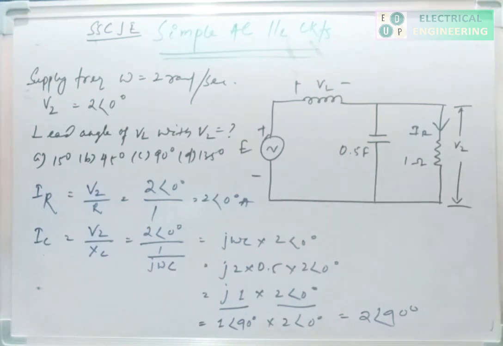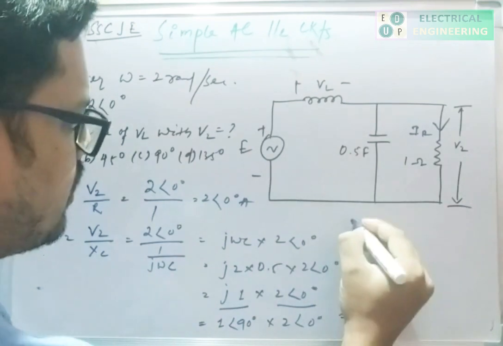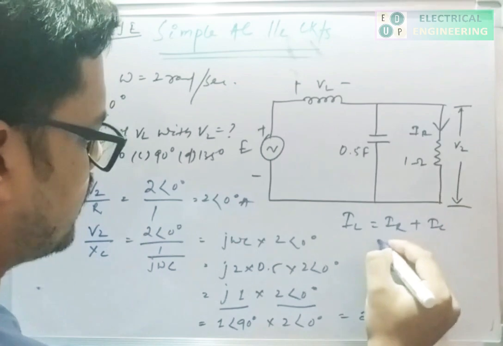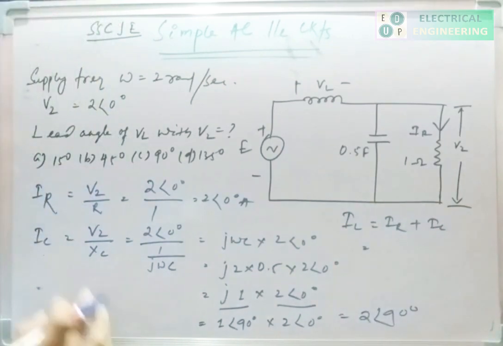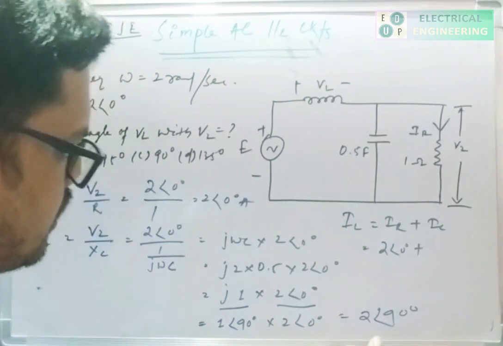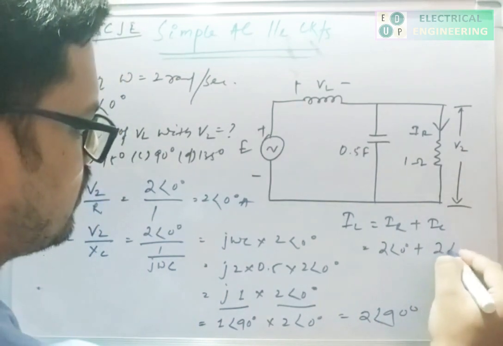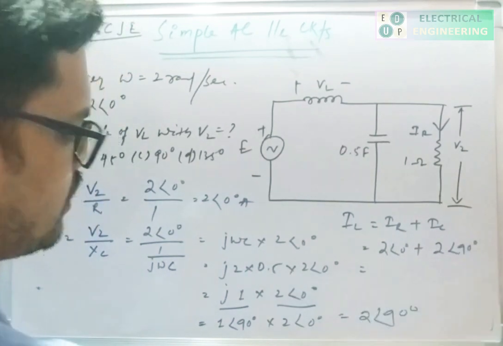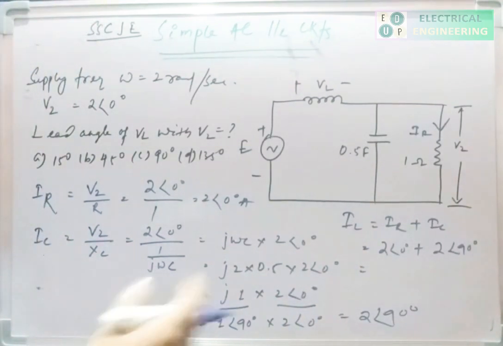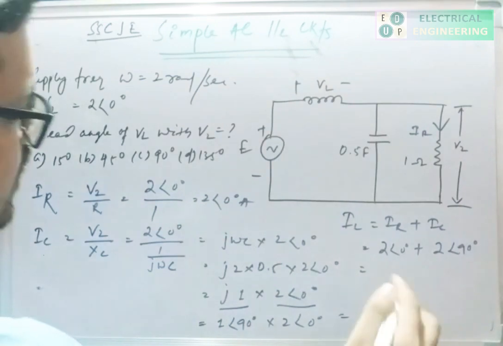Okay, we got IR, we got IC. Now find out IL. IL will be how much? IL is IR plus IC. IR is 2 angle 0, and IC is 2 angle 90 degree. In the same way, if we convert it into complex form and then add, we can get it.